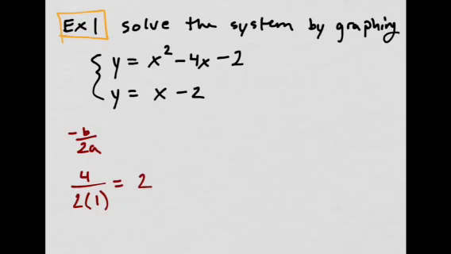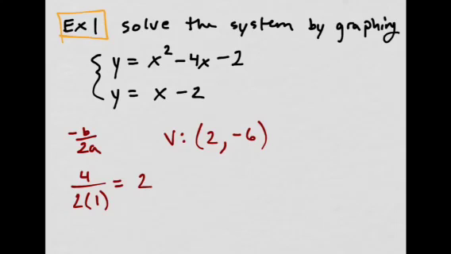So my vertex would be at (2, comma, and for the y, you just plug it in. I'll plug 2 in with my calculator. 2 squared is 4, minus 4 times 2, that's minus 8. So 4 minus 8 is negative 4, and then minus 2 is negative 6. So there we have the vertex.